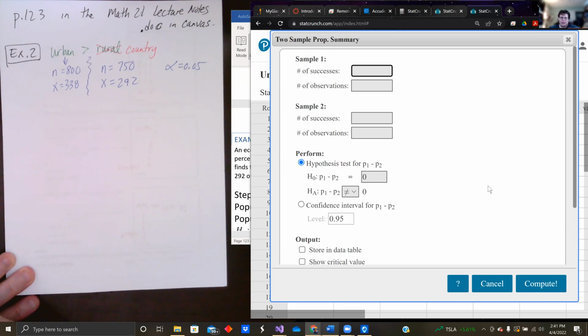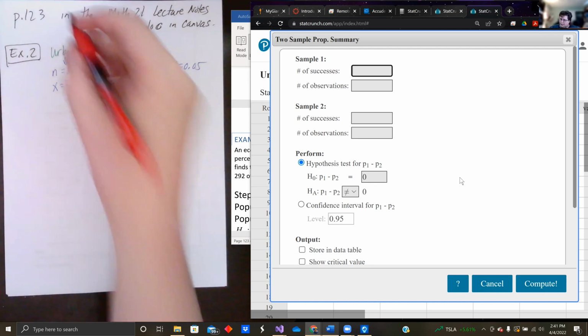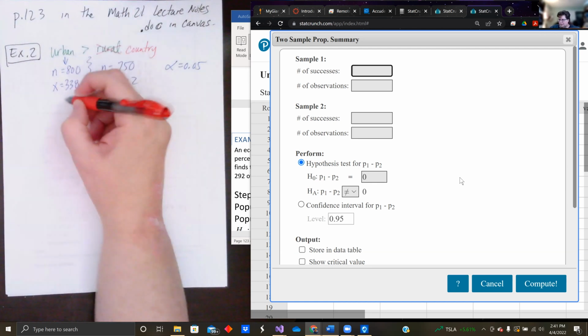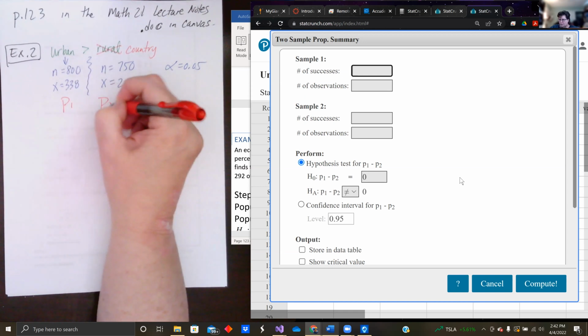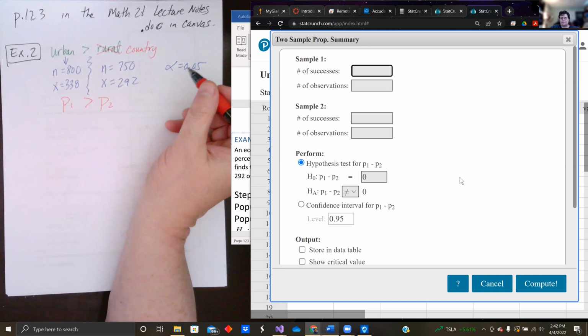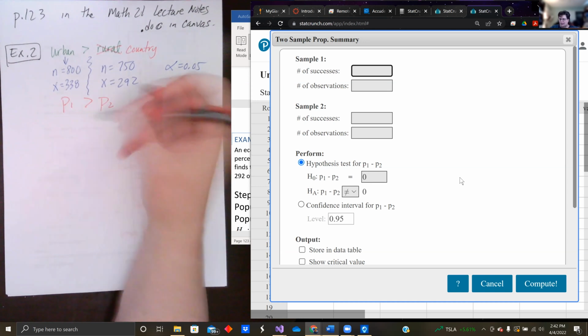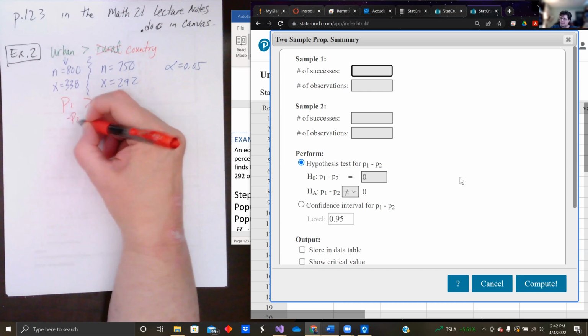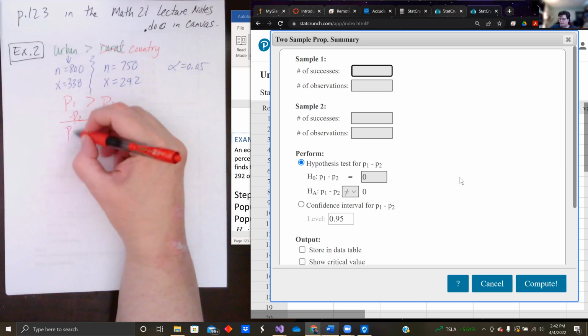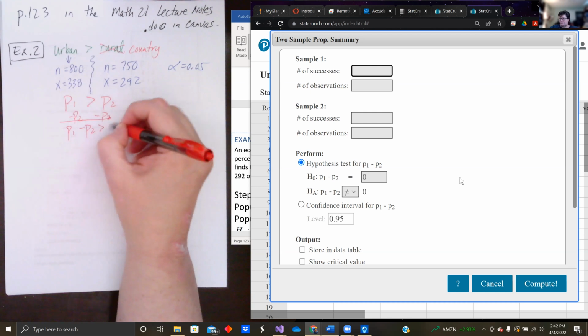I can call my urban group p1, and my country group p2. So when I subtract p2 from both sides, I get p1 minus p2 is greater than 0.